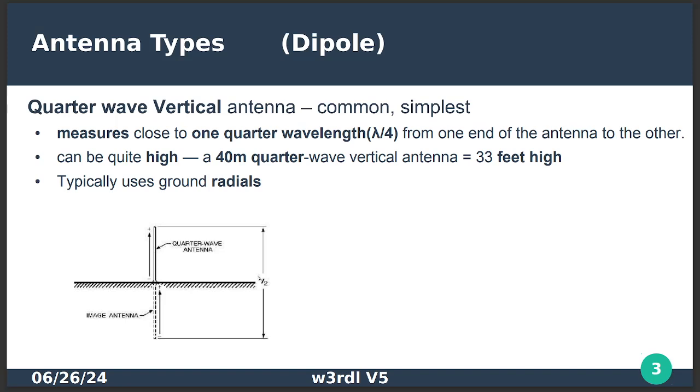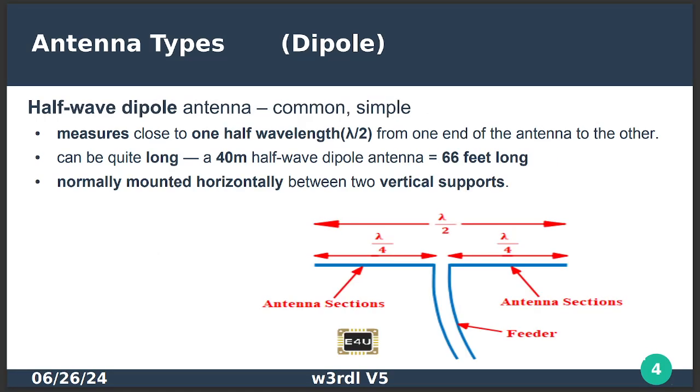So anyway, one quarter wavelength above the Earth's surface for a vertical quarter wavelength ground plane antenna, the other quarter wavelength is an image below the ground plane. So with that type of antenna, you have to spread out some radials. All right, the half wave dipole, this is the one that most people are familiar with.